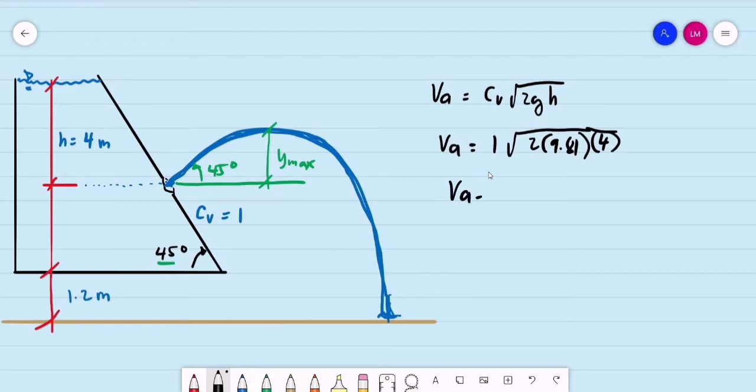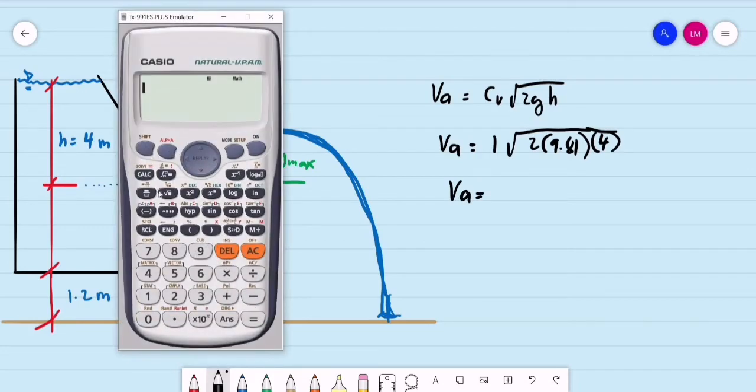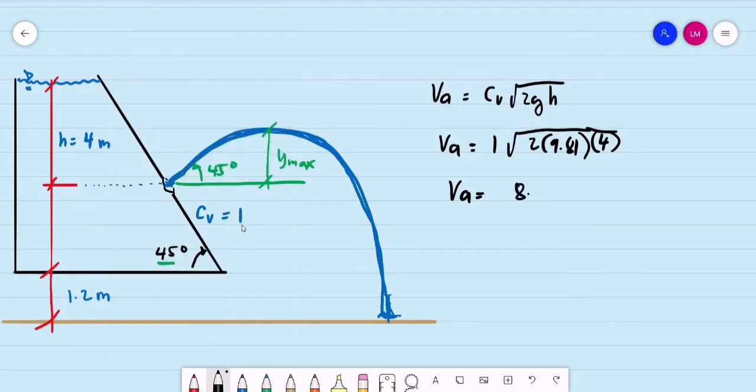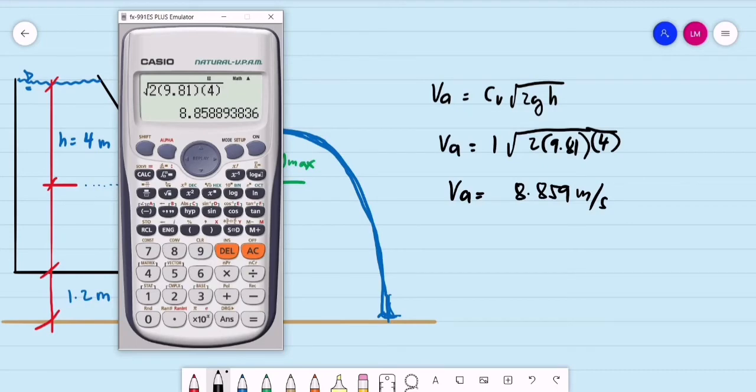So, ano yung actual velocity nito? 1 lang naman yun. So, 2 times 9.81 times 4. 8.85889. So, sabihin natin, this is 8.859 meters per second.